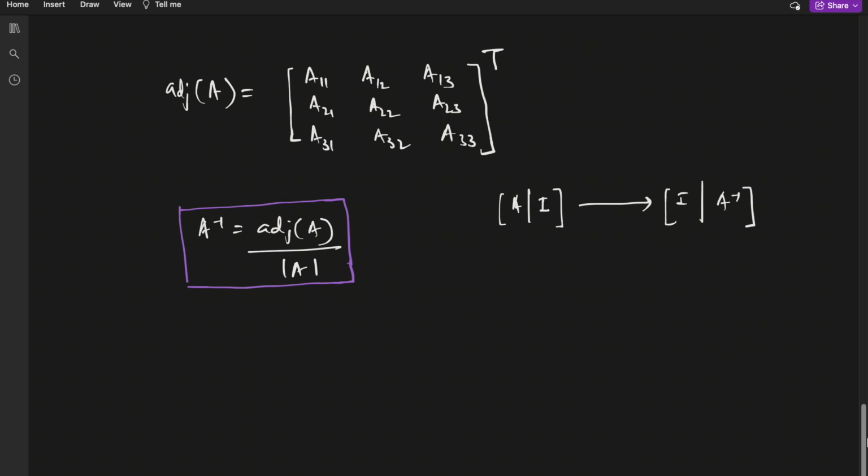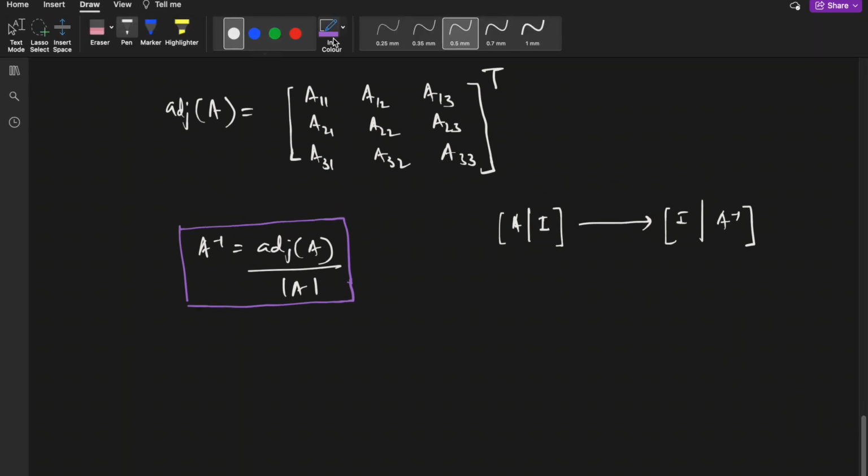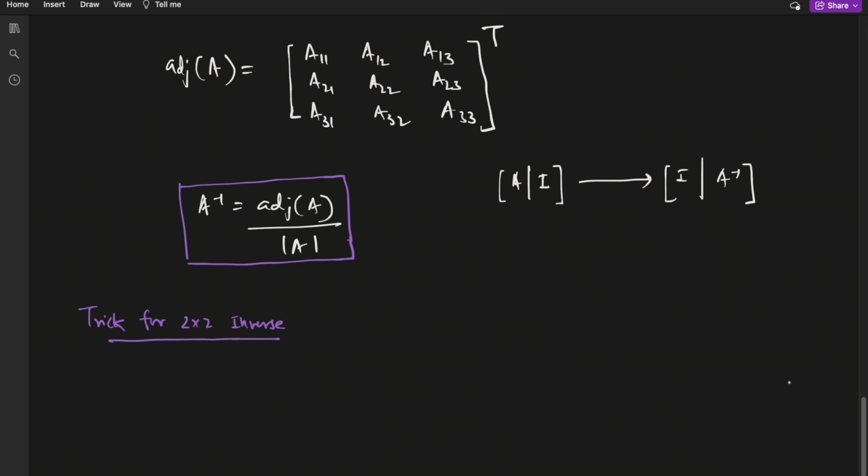By the way, there is a trick to find A inverse of a 2 cross 2 matrix. Trick for 2 cross 2 inverse. So what is that trick?